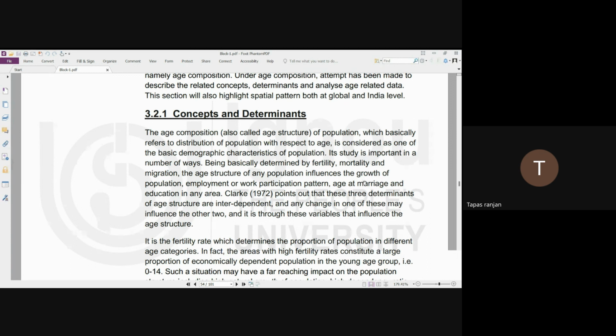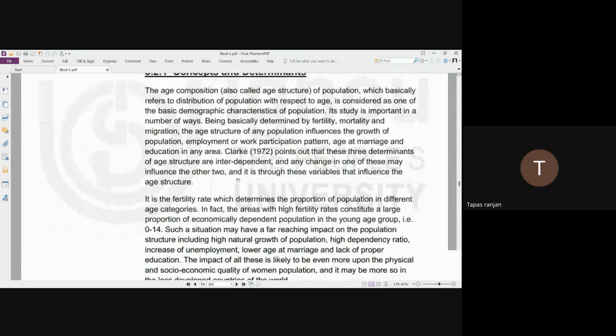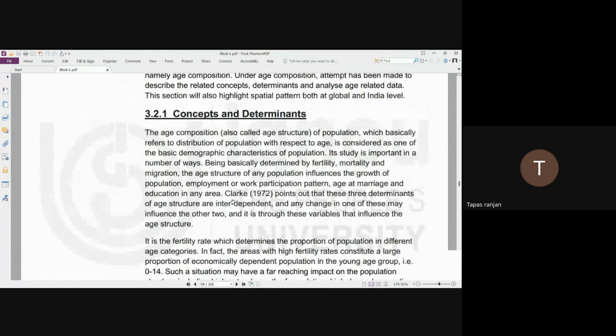Always remember the natural growth stays the same. Natural growth is something different, but the population growth as a whole is different. Because of this migration factor, the population composition also changes.